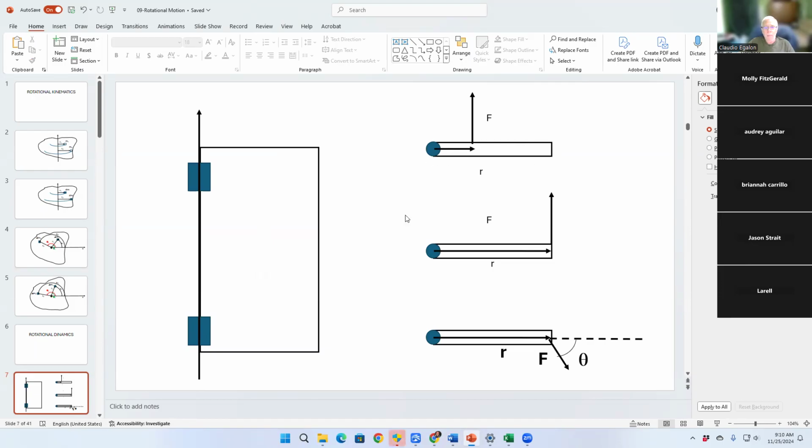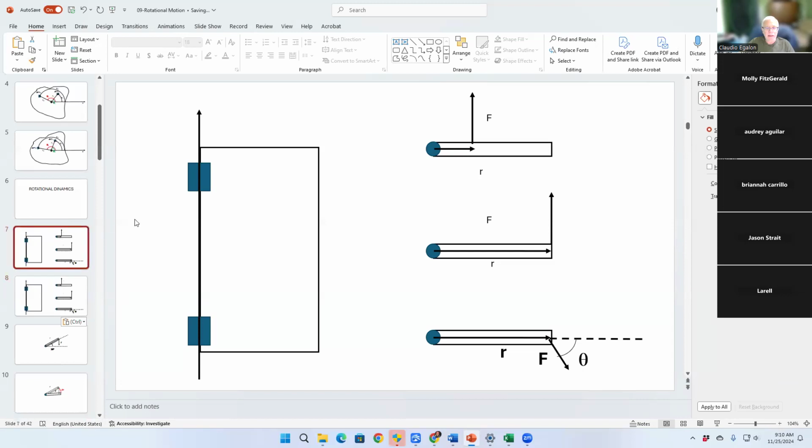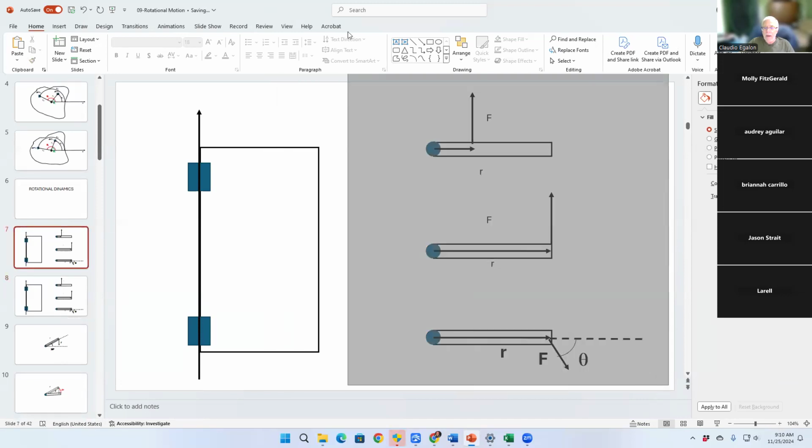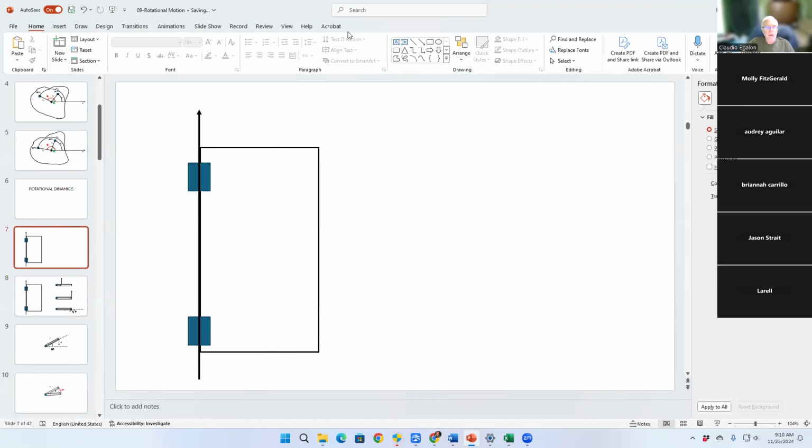You can apply different forces along the length of the rigid body. Let's do the movie again here. I will erase that stuff. Consider a door with the hinges.